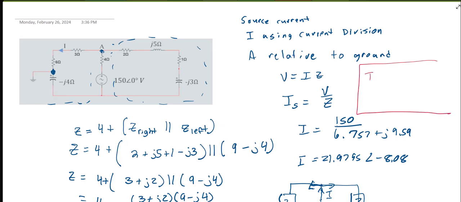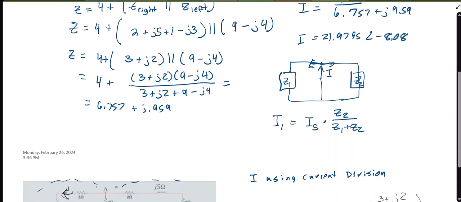I equals VA minus ground over the impedance between those two, which is just 9. So that means we're actually solving for VA, VA just equals I times 9. So now that you have I, all you have to do is multiply it times 9.